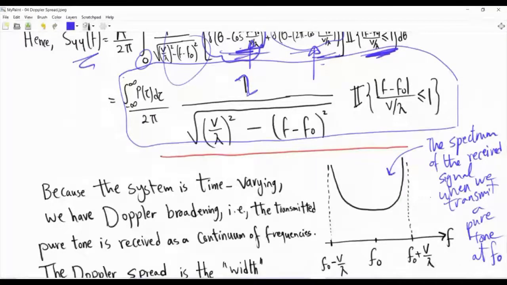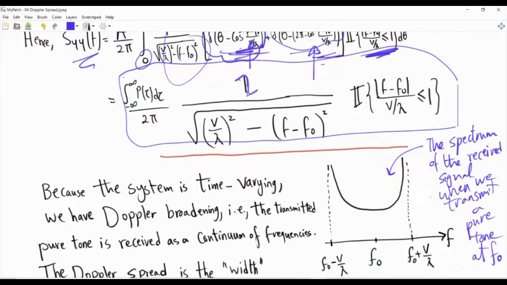This will never happen in an LTI system. In an LTI system, if you feed the system with a pure tone, with a sinusoidal signal, as an output, you get a sinusoidal signal with the exact same frequency, perhaps with a modified amplitude and phase, but the exact same frequency.